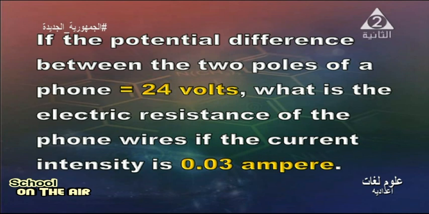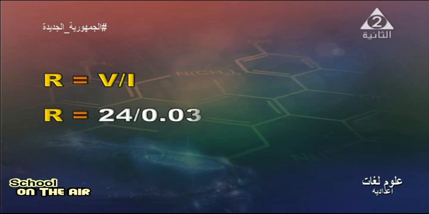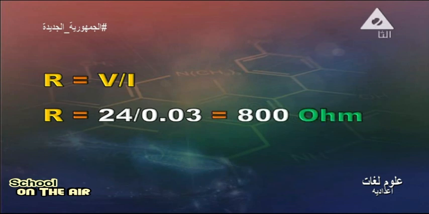R equals V over I, so R equals 24 over 0.03, equal to 800 ohm. So the resistance of the wire equals 800 ohm.